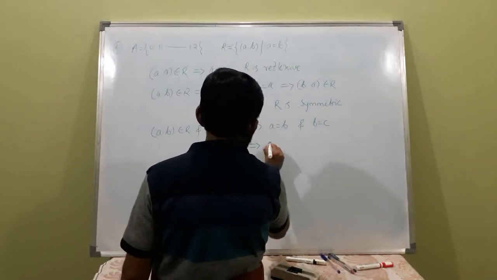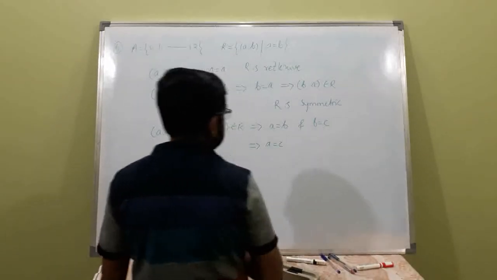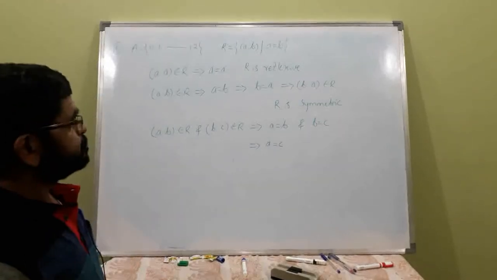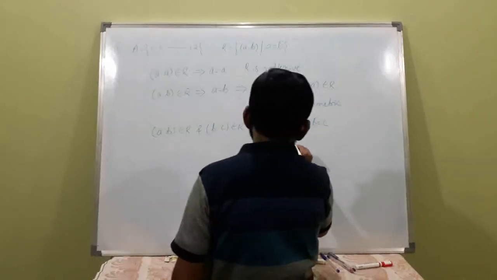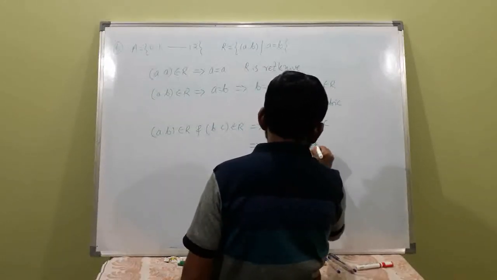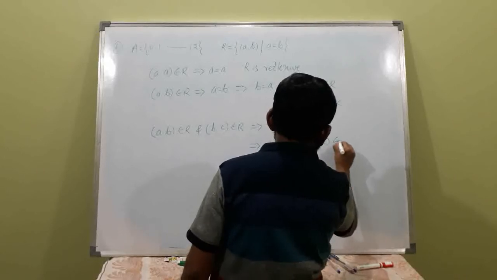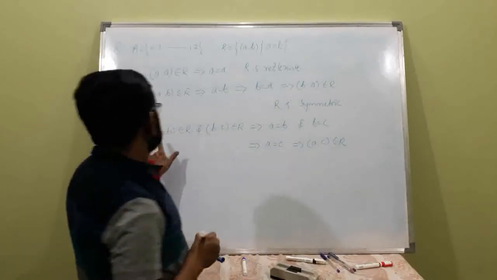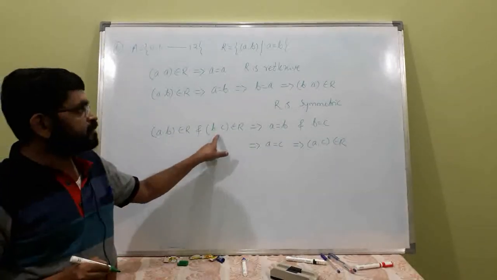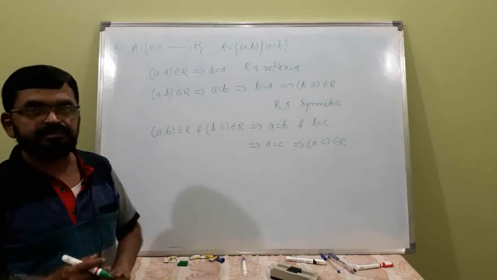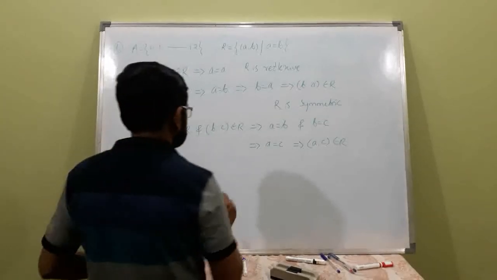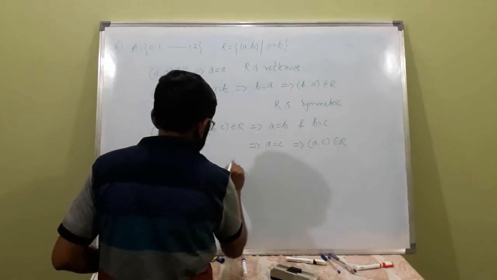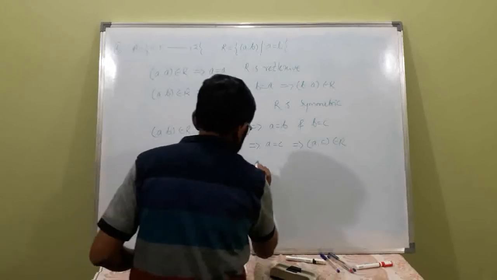This implies a is equal to b is equal to c. This implies (a, c) belongs to R. Therefore, R is transitive.